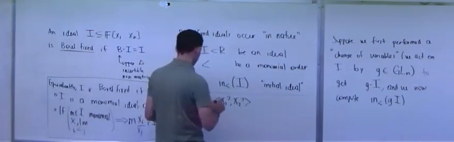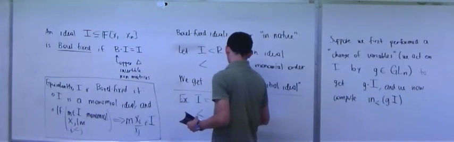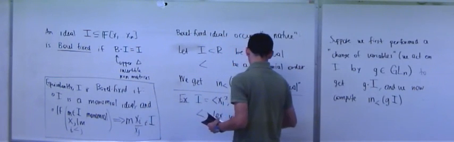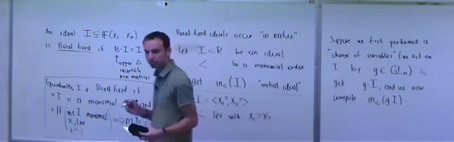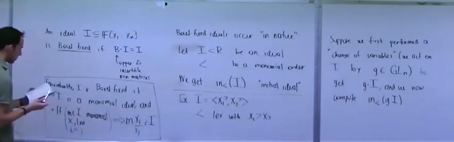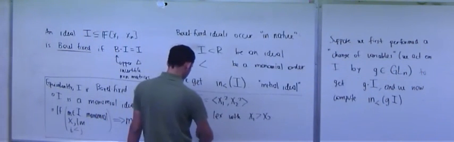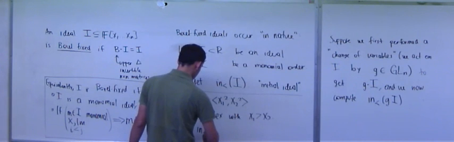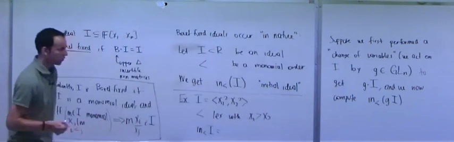And let's suppose that my order was the lexicographic order with x1 greater than x2. And I do this. So what's the initial ideal with respect to this term order?